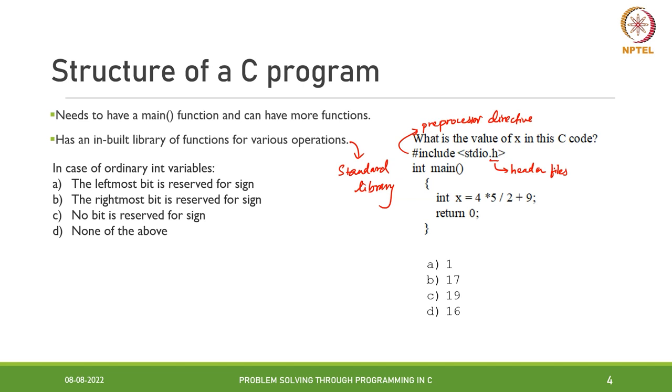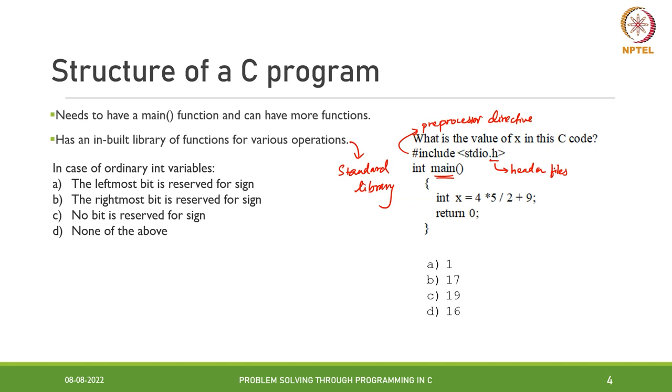And then there is a main function. Every C program needs to have a main function if it is supposed to run by itself, if you are able to execute the C program. When you try to execute a C program, the execution starts from the main function.